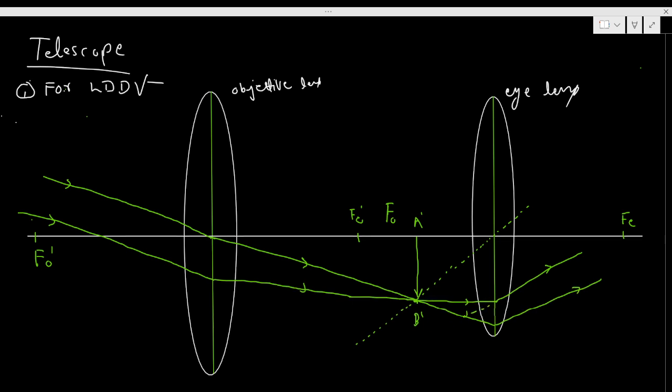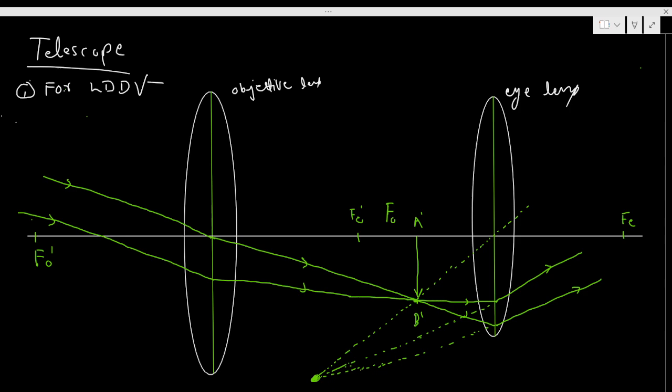Now when we draw these rays backwards, all the three rays are intersecting at this point.